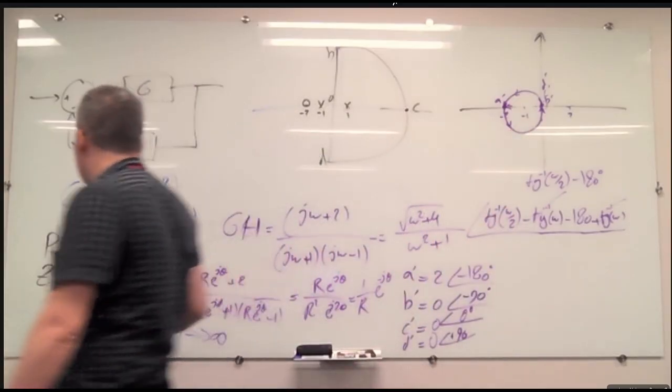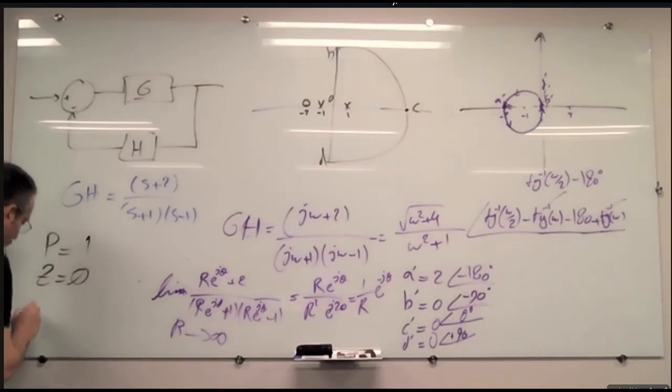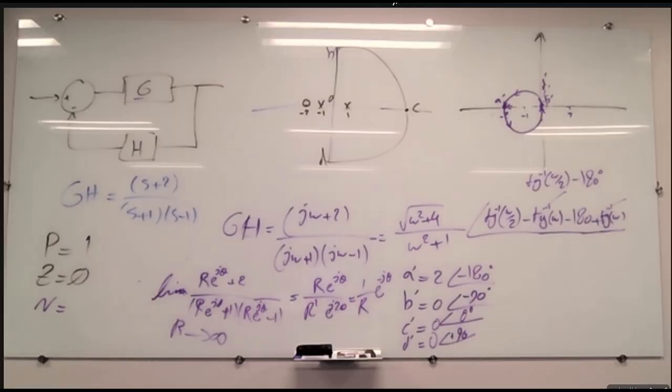Now, this is our Nyquist. We have our P, we have our Z. What is our N? N was the number of clockwise encirclements over the -1 point, right? How many clockwise encirclements do we have? We said the number of clockwise encirclements is the clockwise circles that we have minus the counterclockwise circles that we have.